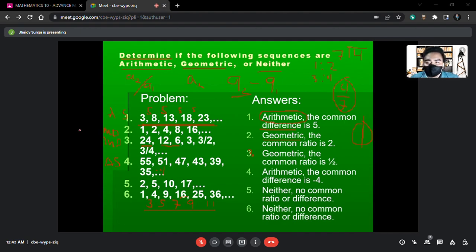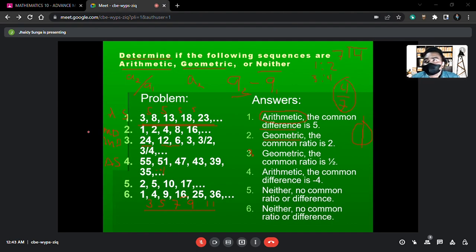Alright. So in this part, what did you notice? Yes, we could easily say that in arithmetic they have a common difference, while in geometric they have a common ratio.